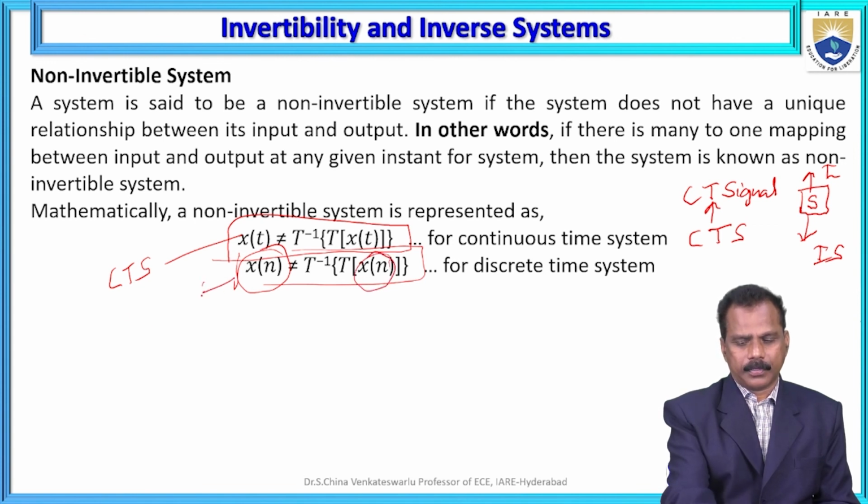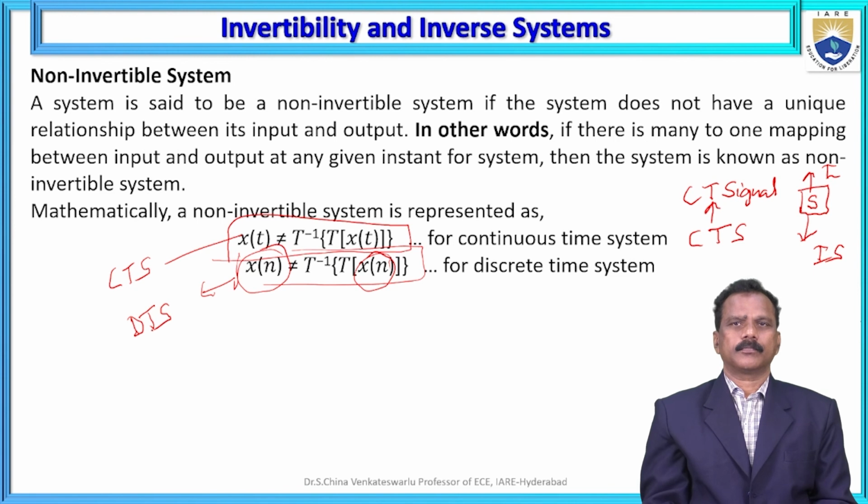Now it is formed for the discrete time system. Like this, we interpret it mathematically: a non-invertible system is represented for continuous time and discrete time systems.